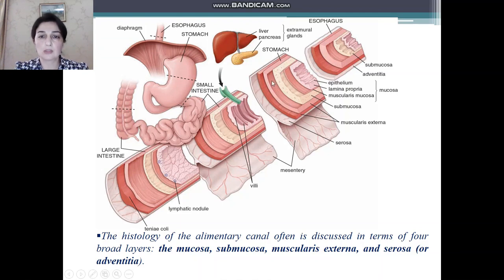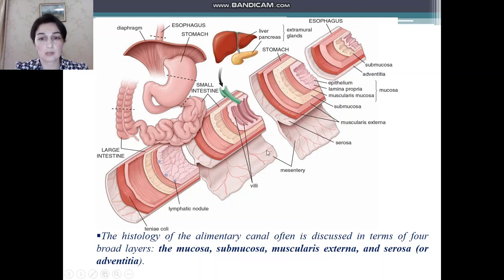It mainly includes inner circular and outer longitudinal layers, but in the stomach we will see three layers. Then we come to the outermost coat of the alimentary canal. It is connective tissue that may or may not be covered by simple squamous epithelium, which is called mesothelium.